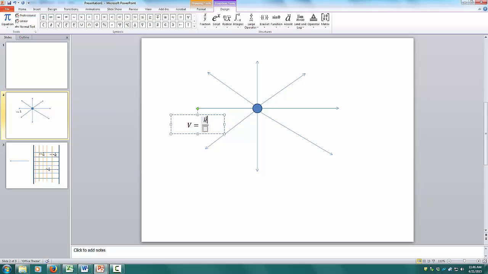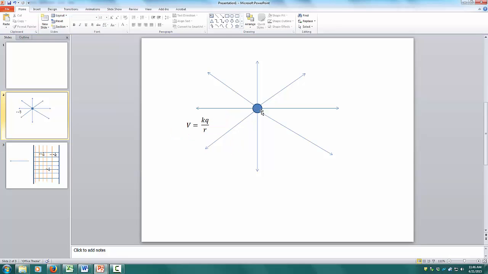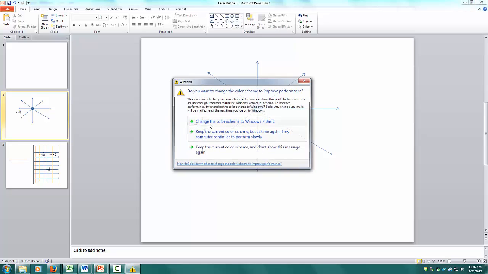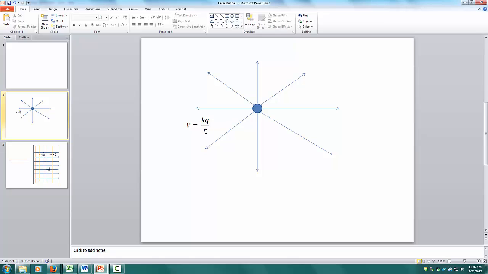K times Q divided by R. Of course, the electric field strength is given by K times Q divided by R squared for points. But in any case, that's what potential is given by, and I'm assuming that the potential is zero when I'm infinitely far away from this positive point charge, or for that matter, from the negative point charge.